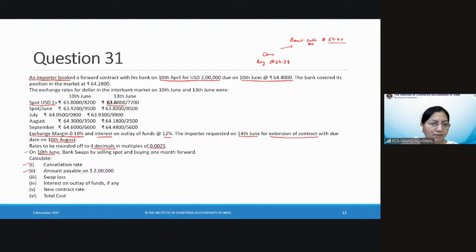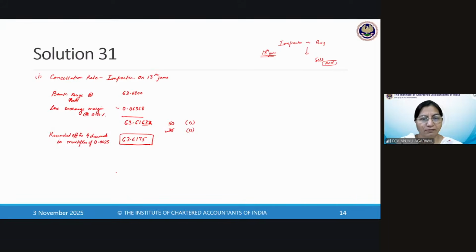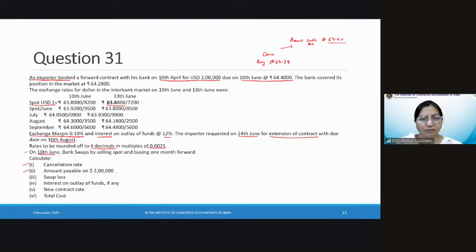Second part, amount payable on $200,000. So we are trying to calculate the gain or loss to the customer on 200,000. The difference between spot USD 1 is equal to 10th June, which is given in the question, ma'am, which is given spot in June. Right. So cancellation will be applicable when the customer comes for applying for cancellation. So he came on 14th June.